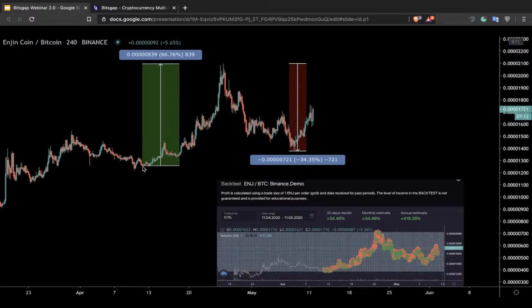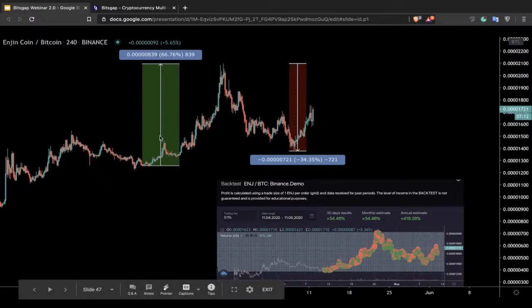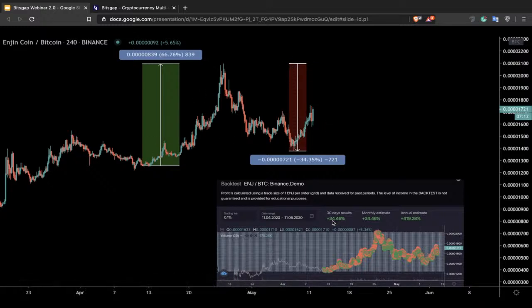So from the point of the 11th up to the highest price, 66% appreciation. And then from that point down to the lowest, it was minus 35%. So in this case, this is the downside risk for us. But for that period of 1 month, the bot would have generated 34% in BTC.